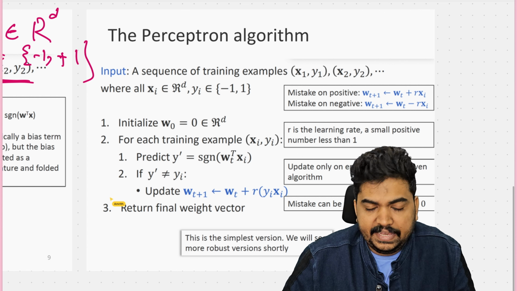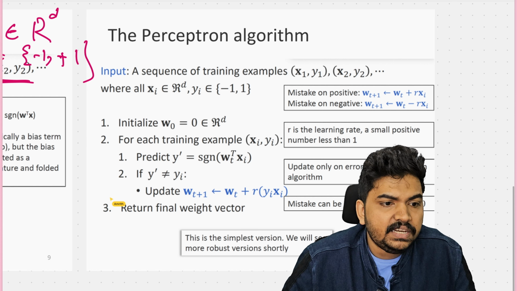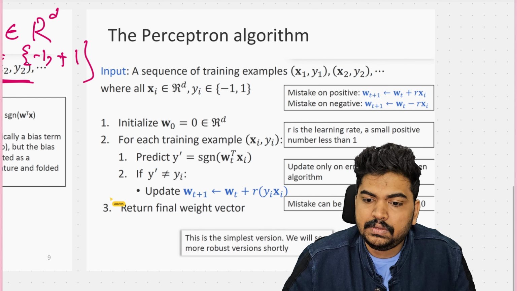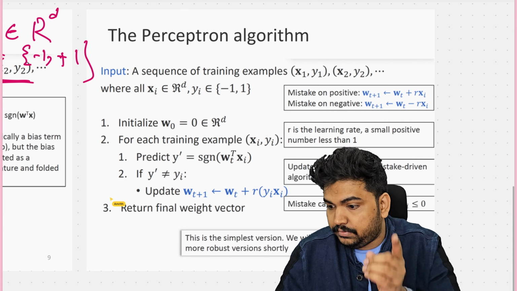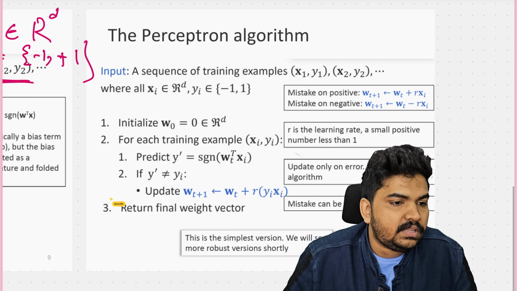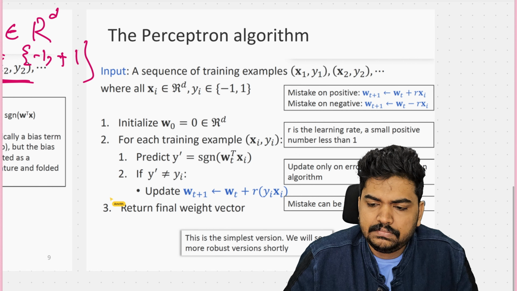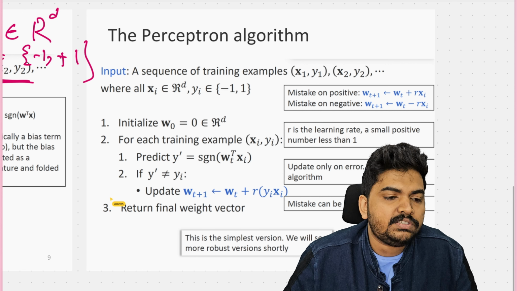If the example is a positive example, we are adding the current example to the current weights with a scalar. So if your input is one where a mistake was made, and the ground truth label yi was positive, then all you are doing is adding the current example to the current weights. Only thing is that we are scaling it with a constant value r.